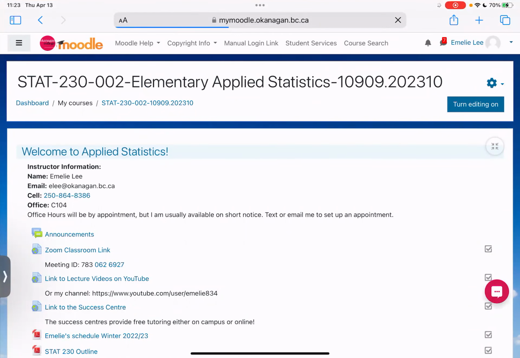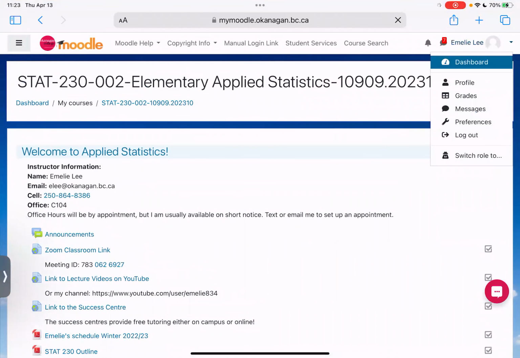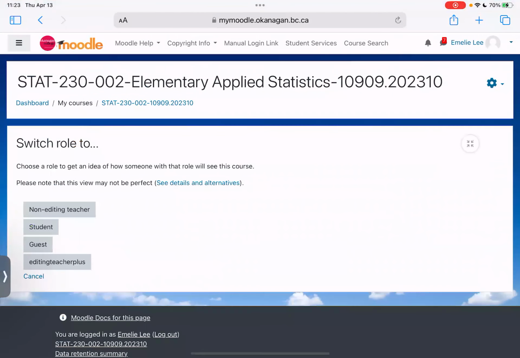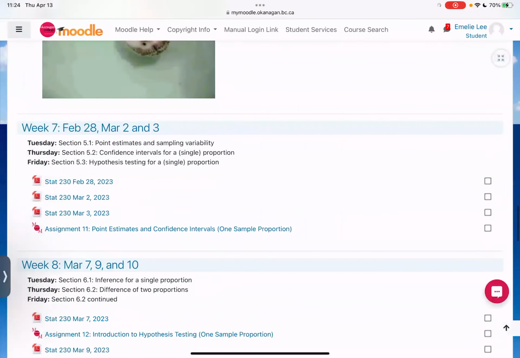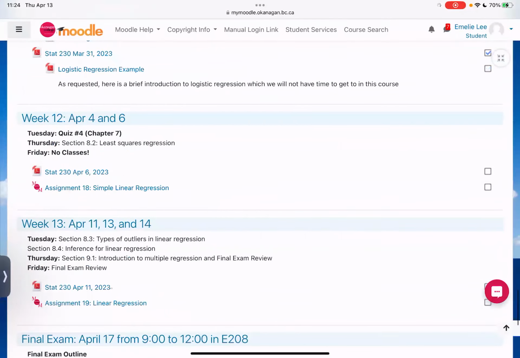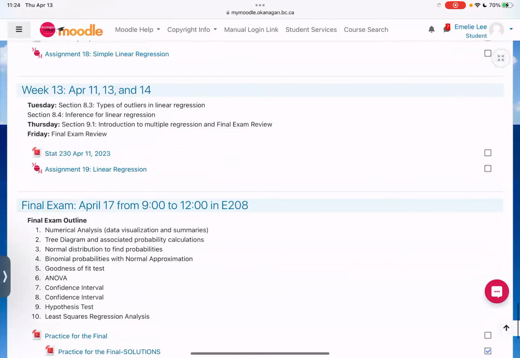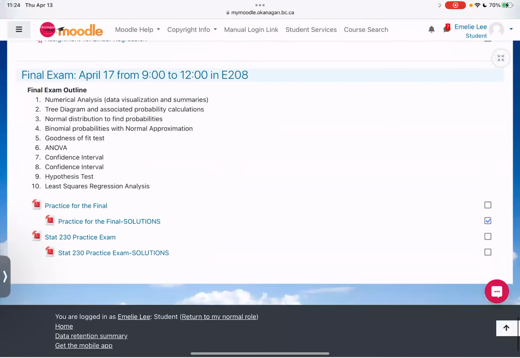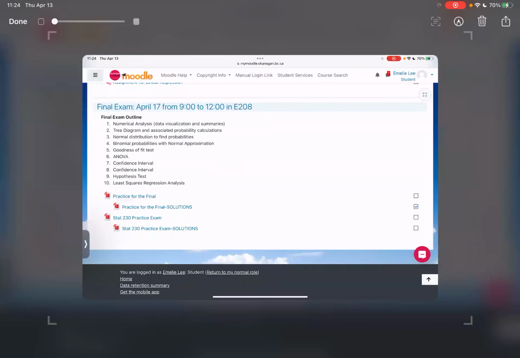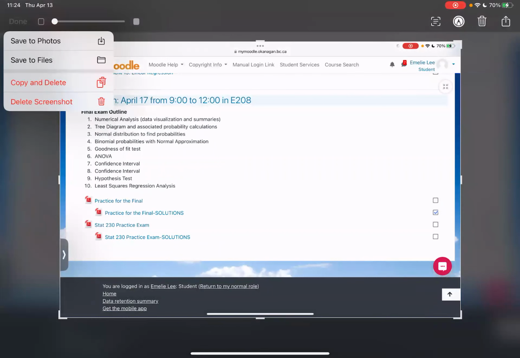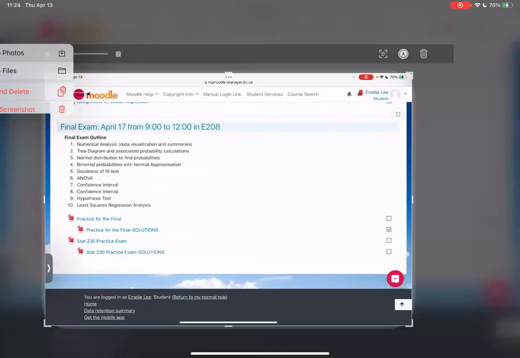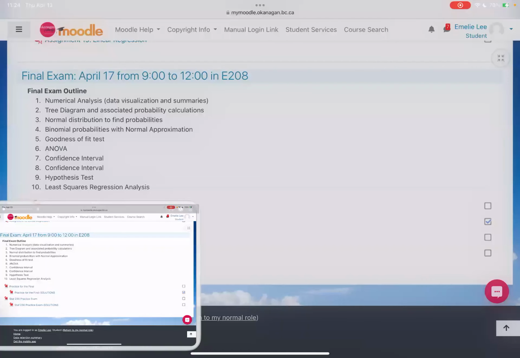Mortgages and things. All right, I'm going to make it so that I look like a student. Okay, down at the very bottom, look at all the stuff we did. Crazy. Oh yeah, E208. I don't know which room that is. I think it's probably one of the first ones, right? I don't know. I've never thought about it, to be honest.